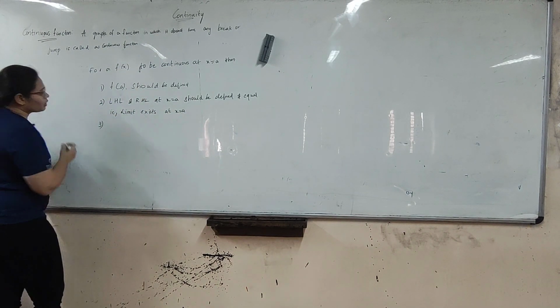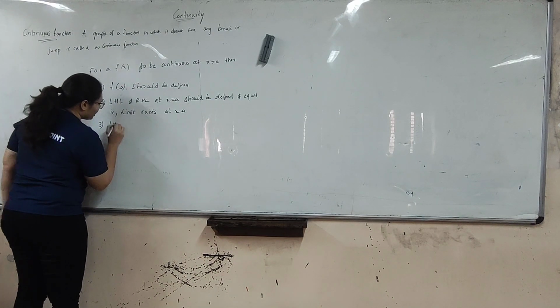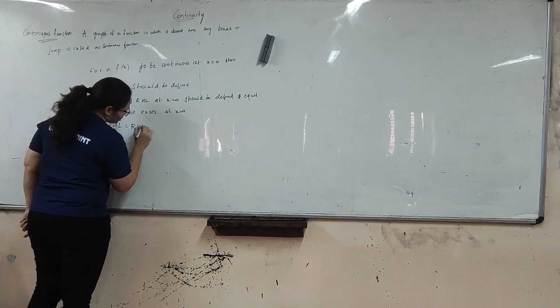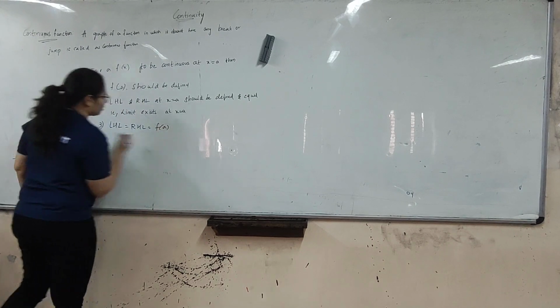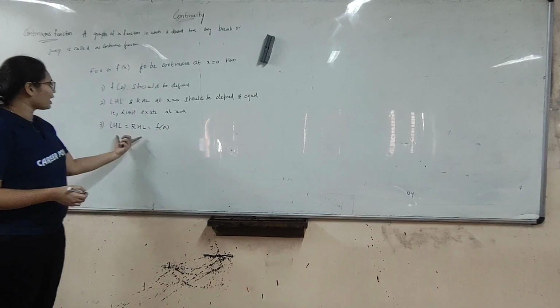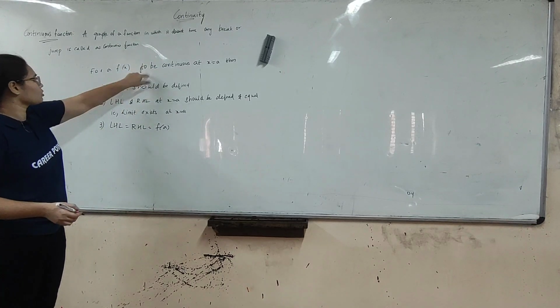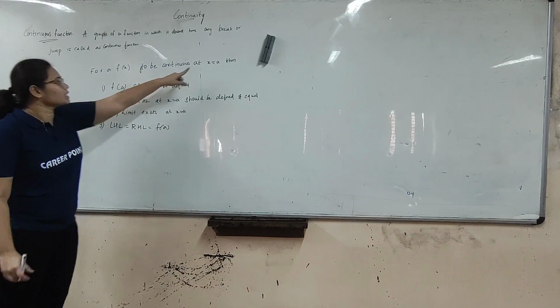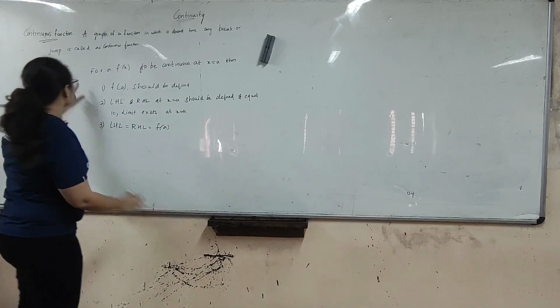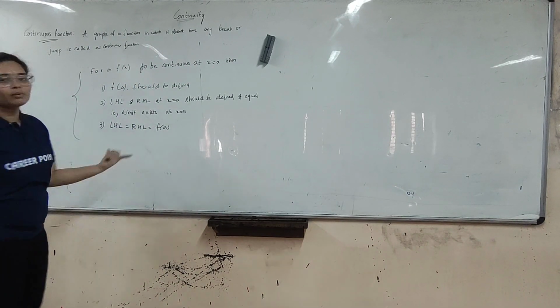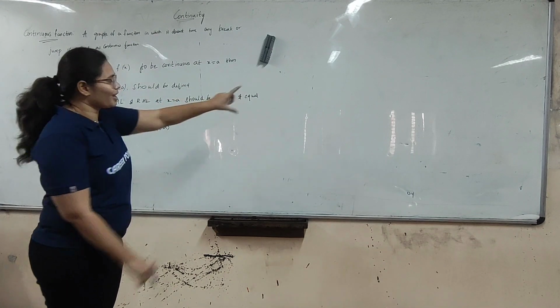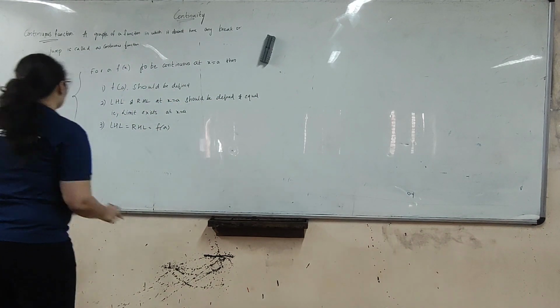Now, what is the third point? LHL equals RHL equals f of a. If the limit value and the value of the function are equal, then it is called continuous at x equals a. So these are the conclusions we have got from those examples, right?